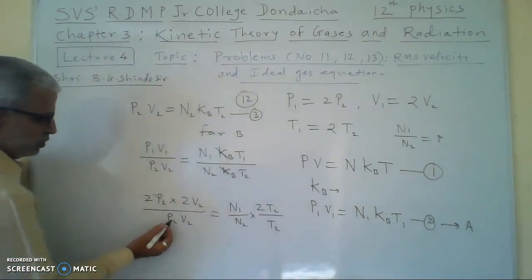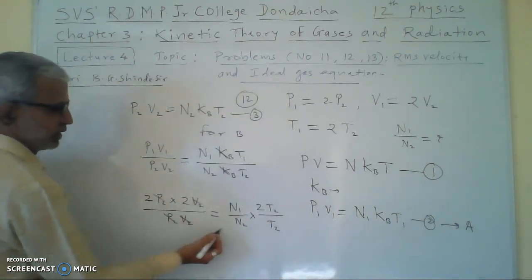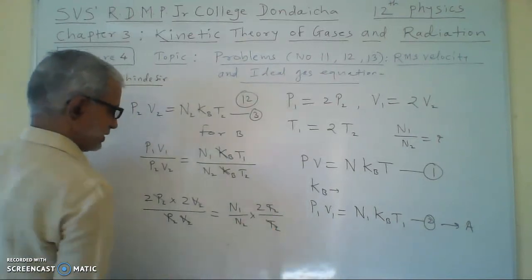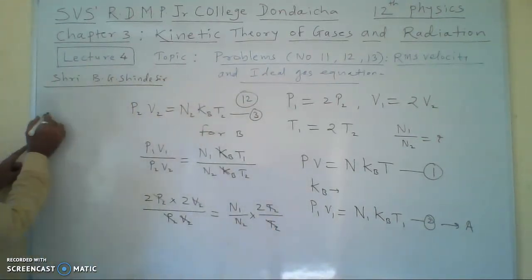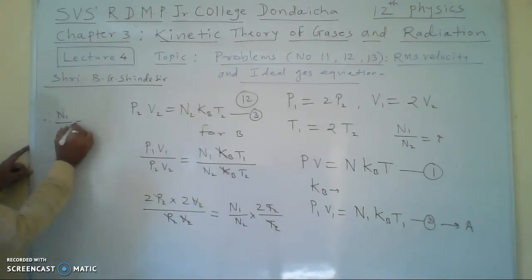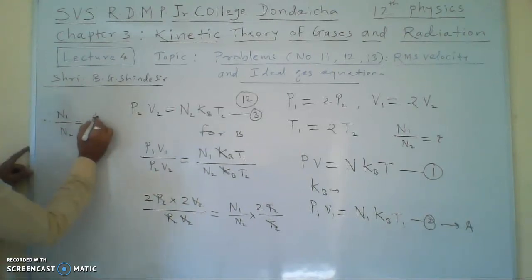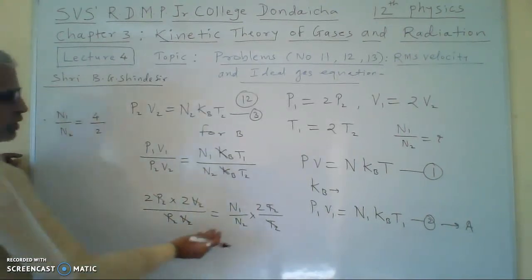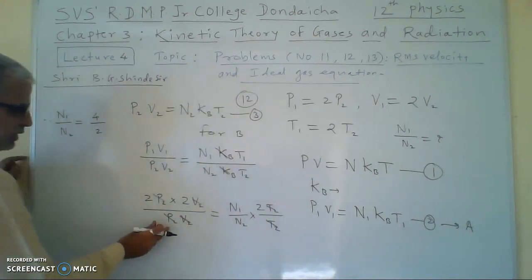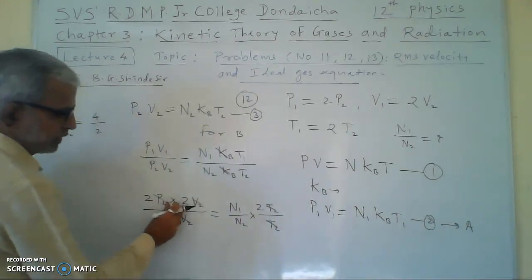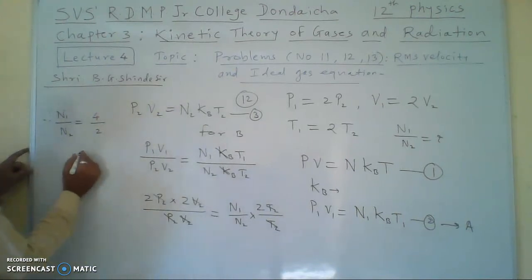So this P2 cancels, V2 cancels, and T2 cancels, and therefore N1 upon N2 will be equal to 4 upon 2. This 2 will divide to this side, and 2 multiplied by 2 will be 4, and so this is 2 upon 1.